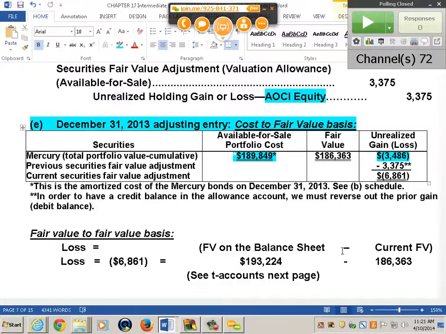So notice that it is a balance sheet approach. You cannot simply take the 3486. You have to do two things. The first thing you have to do is eliminate the existing balance and then add the loss. The total adjustment has to be 6861.